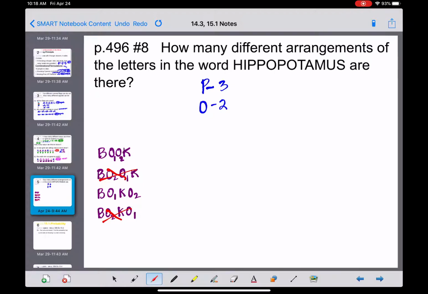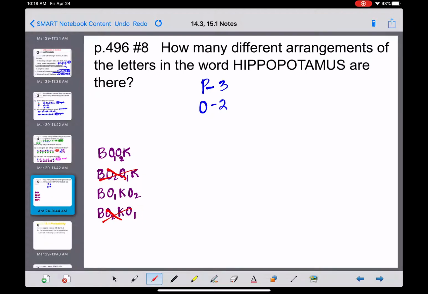But what happens is, because of the ways that I'm rearranging the O's, I have to start dividing those out. So if I had 3 O's, as I rearrange those, how many different ways can I rearrange 3 O's? How many different ways could I rearrange 4 O's? So we're going to end up dividing out that repetition.